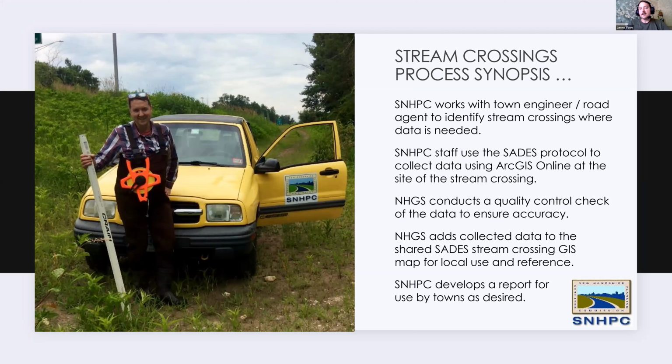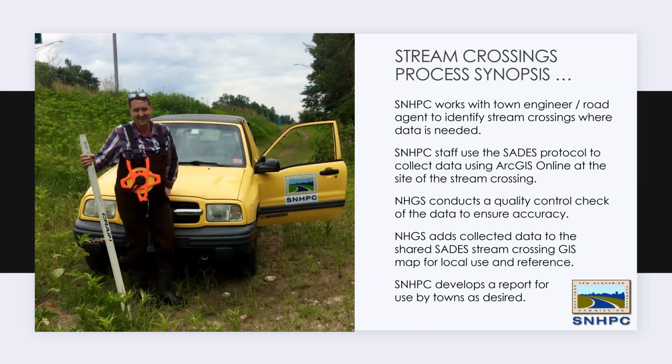The process breaks down where SNHPC staff can work with your town engineer or road agent to identify stream crossings where data is needed. Staff then go out using the SAIDS protocol to collect the data in ArcGIS Online, the software that sits on, say, an iPad or a phone.